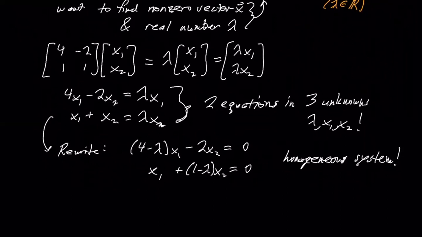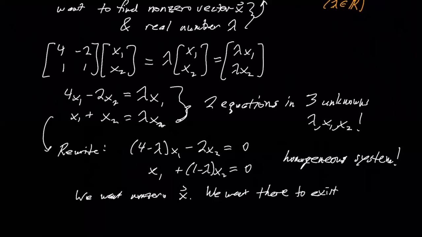So in fact, we want a non-zero x. In other words, we want a non-trivial solution to this system. Remember, x1 and x2 equal to 0 is automatically a solution to a homogeneous system.